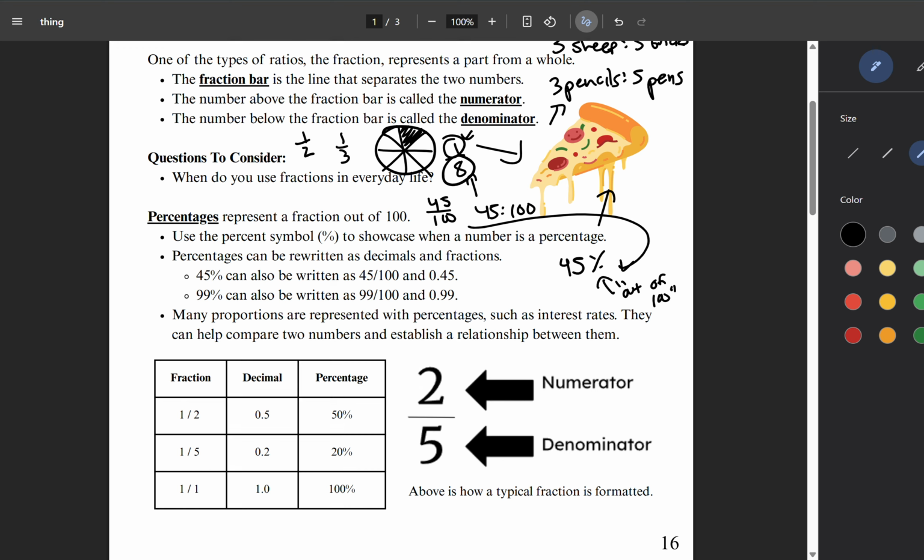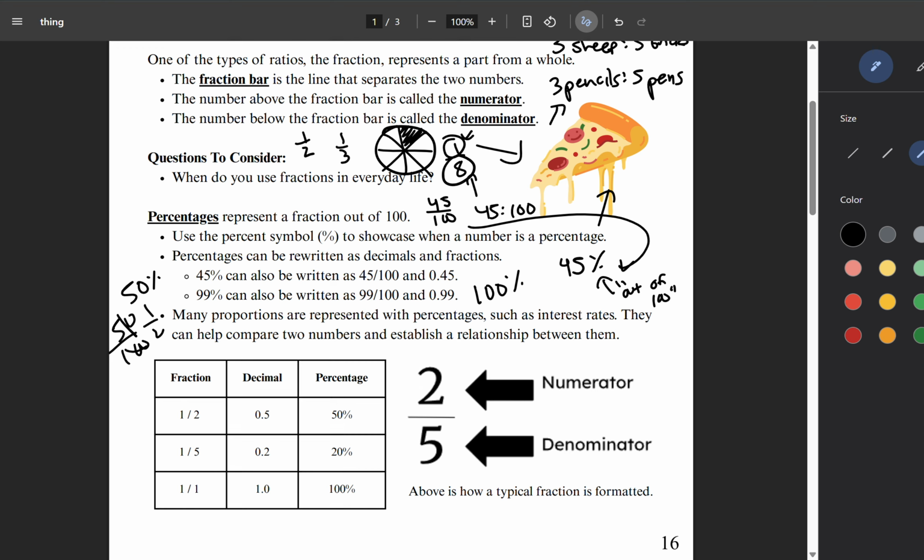So for example, on a test, you got 100%. That means you got 100 of 100. You've gotten 100% of the points. 100 out of 100 is everything that's available. Say you failed the test and you got 50%. You got 50 out of 100, which simplifies to 1/2.